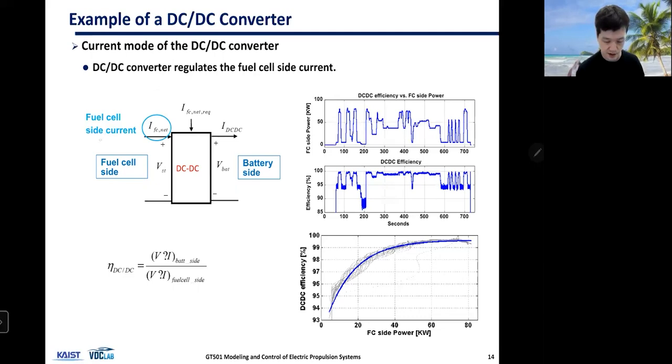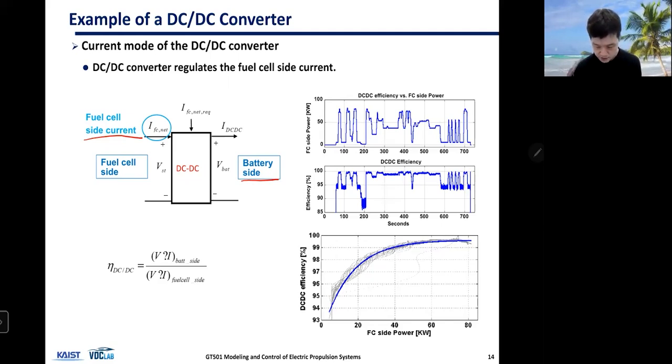For instance, you may have a fuel cell that's providing some voltage output, and then you want to be able to control that to match with battery voltage, so that you can charge the battery by matching the voltage output to the battery. And this is just one example of a DC-DC converter.